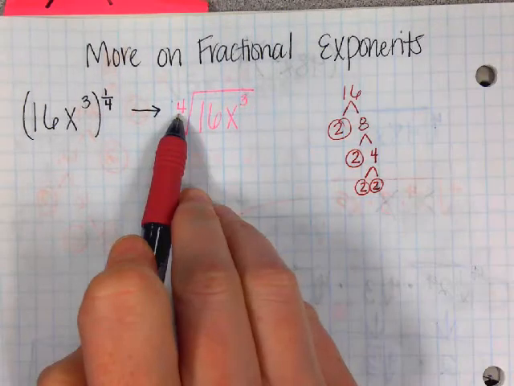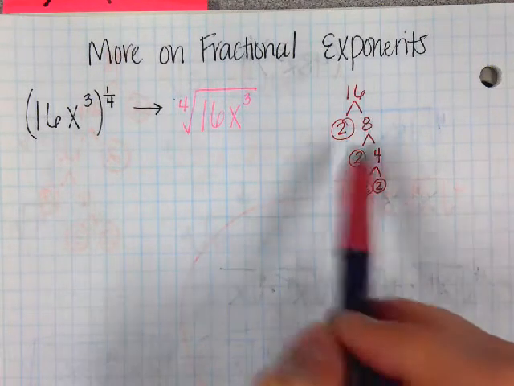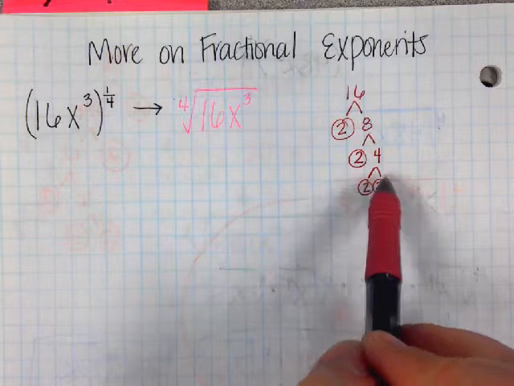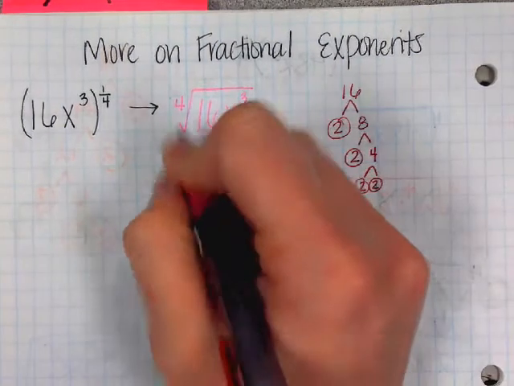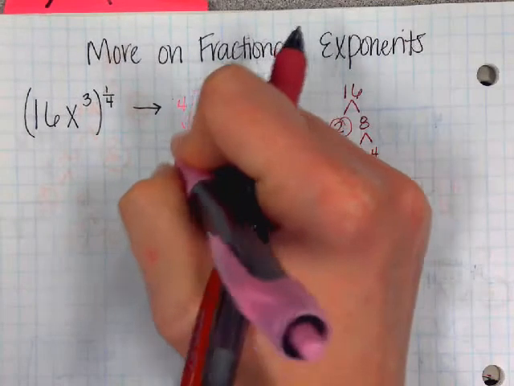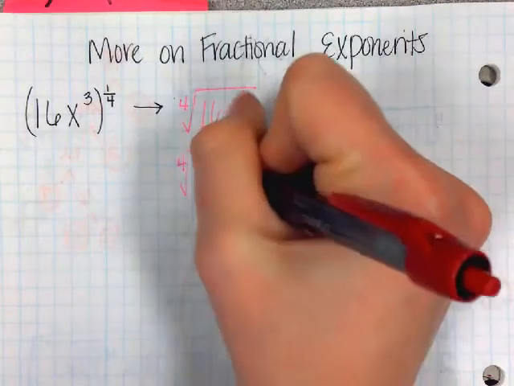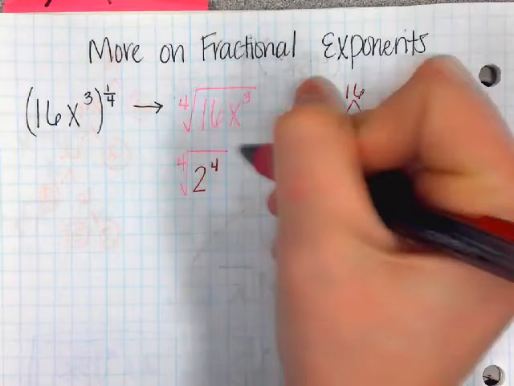Since this is to the 4th power, we have 2 times 2 times 2 times 2. Well, I want to rewrite it to the 4th power so that it is easier to cancel. So I'm going to say 2 to the 4th power.